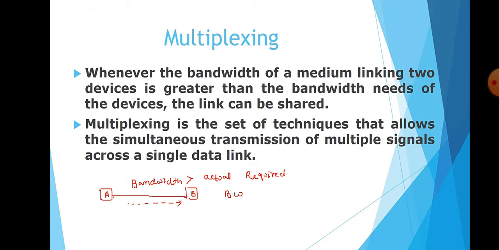That means the bandwidth of the medium is greater than the actual bandwidth required of those two devices, then the link can be shared. Multiplexing allows the transmission of multiple signals across a single link.